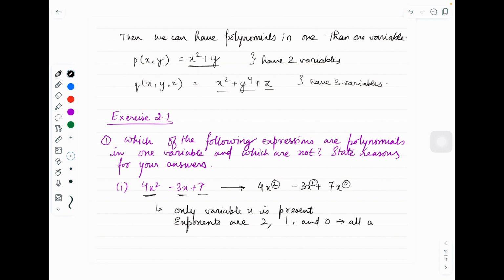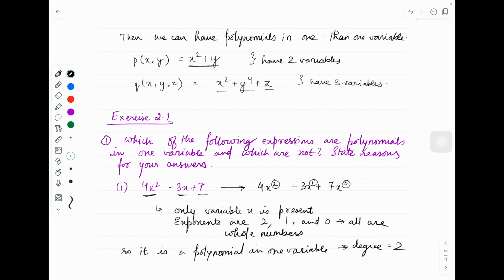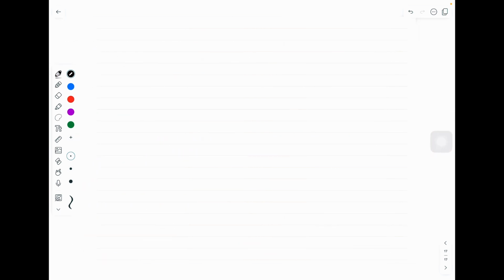All are whole numbers. Okay, so it is a polynomial in one variable. You can also write the degree here. Degree is what? Maximum of 2, 1, 0 is 2, so degree is 2. Understood?